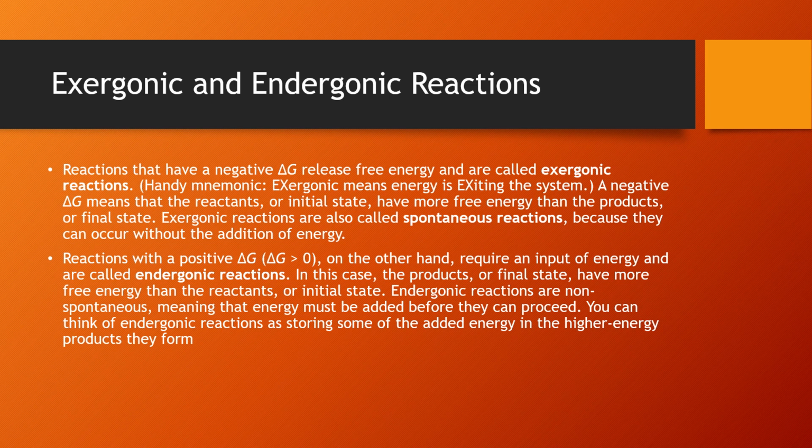So if the delta G is negative, the process is spontaneous in nature. So all exergonic reactions are called spontaneous reactions. They take place by themselves. All endergonic reactions are non-spontaneous in nature. So the free energy change is a positive quantity, greater than zero. Therefore, they are non-spontaneous in nature.